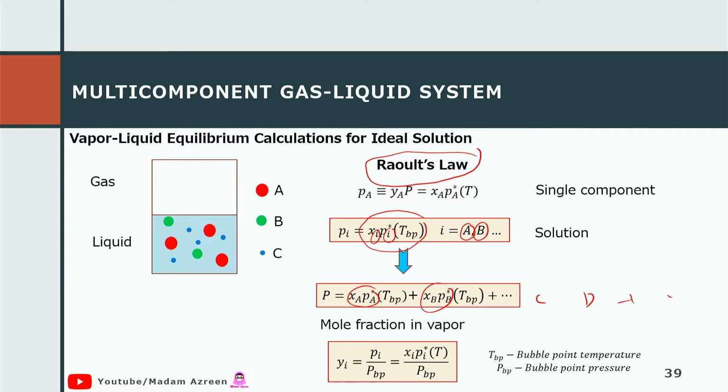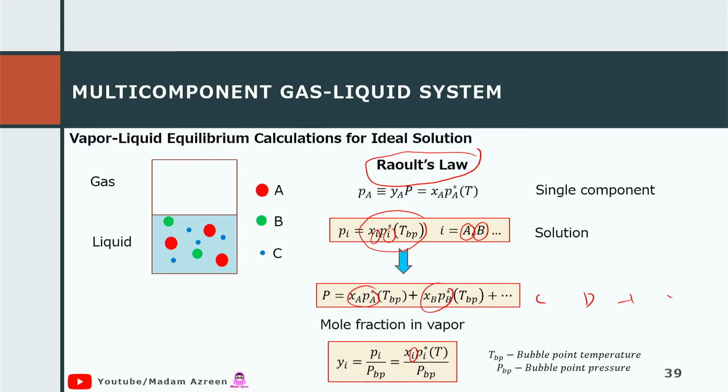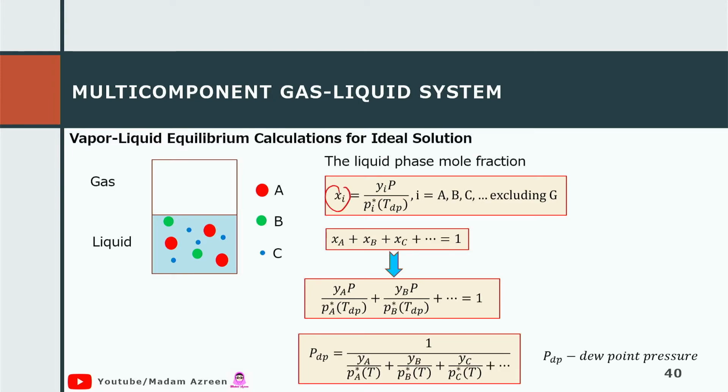The mole fraction also has to be considered based on the specific species, and this is the mole fraction in the liquid phase. This is the total partial pressure, and this is the mole fraction in liquid. Again, regardless of how many species you have, you have to consider each of the species.